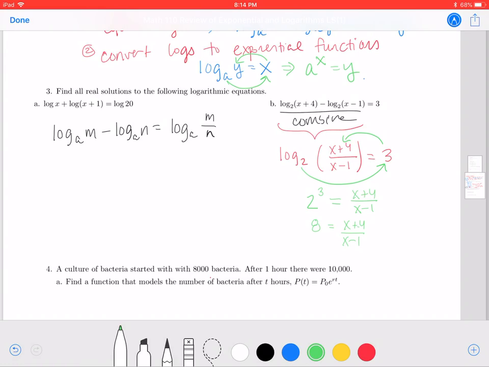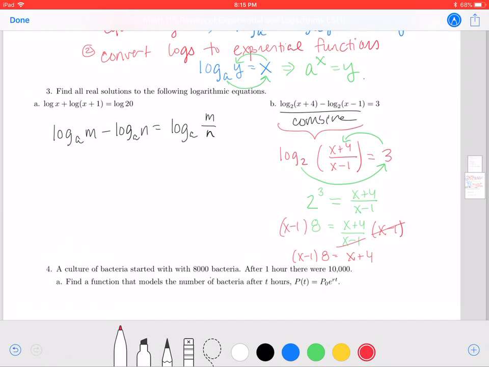I can't just cancel things. Nothing here cancels. What I want to do is multiply both sides by the denominator, that x minus 1, so that the denominator will cancel on the right, and on the left I have x minus 1 times 8 is equal to x plus 4.